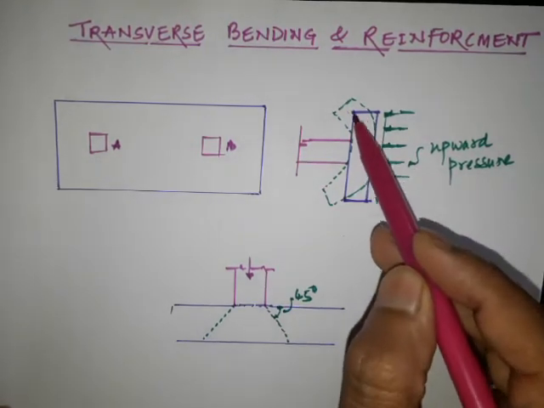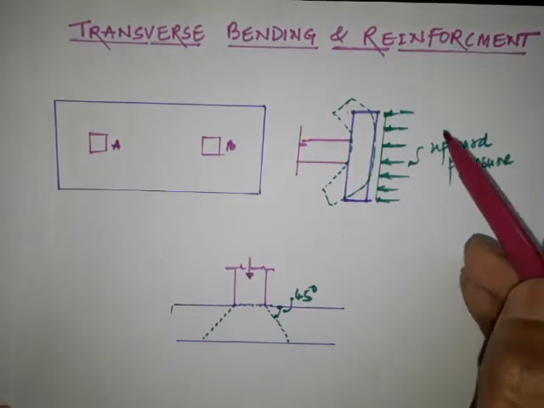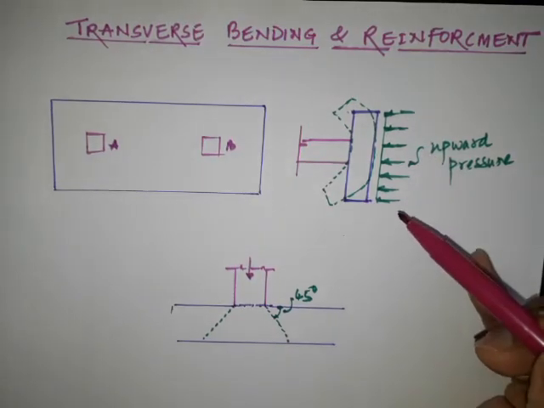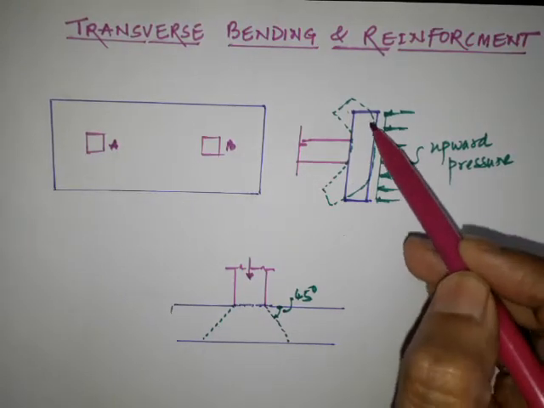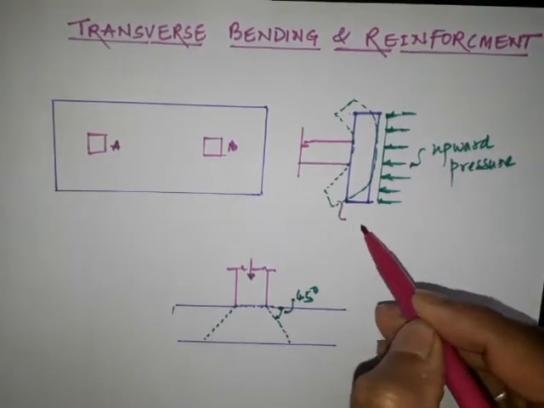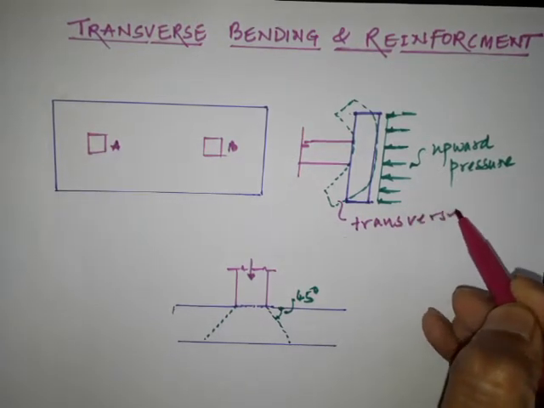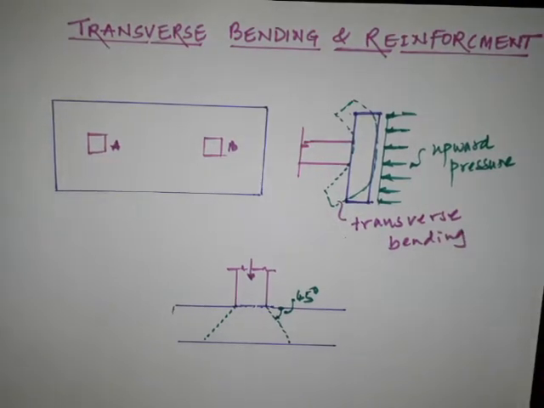We have this footing and column, subjected to the upward pressure, the green color you can see. Subjected to upward pressure, the bending takes place. You can see the shape of the bending. So this I can say is a transverse bending.